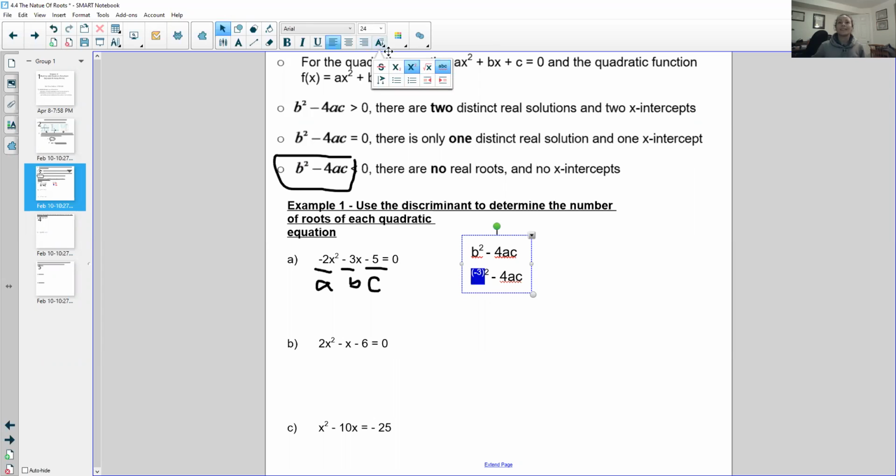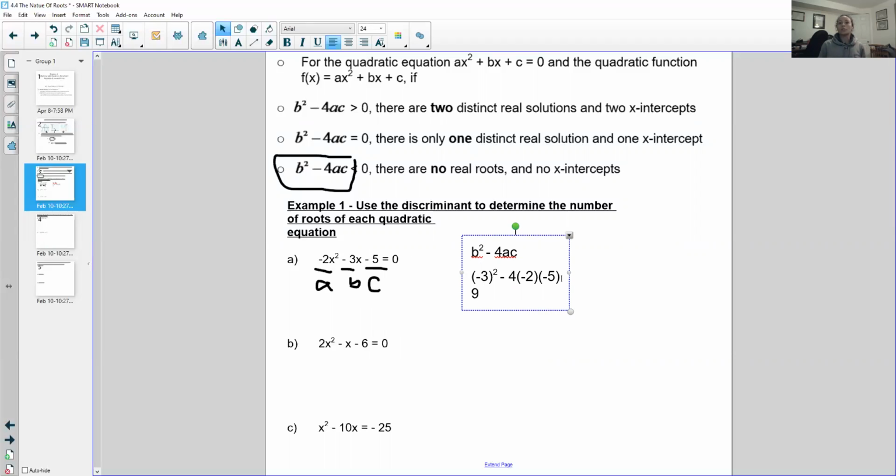There we go. So b squared minus 4ac, my a value, if you take a look at your equation over here, we've got -2. And then our c value is -5. Okay, and I'm just looking at the values with the signs in front of them. We're just going to simplify this now. -3 squared is +9. -3 times -3 is positive.